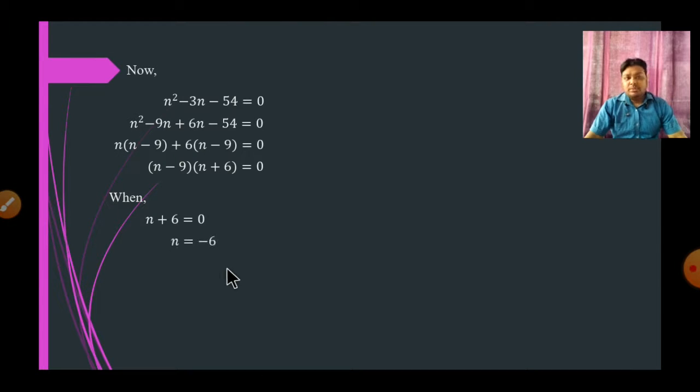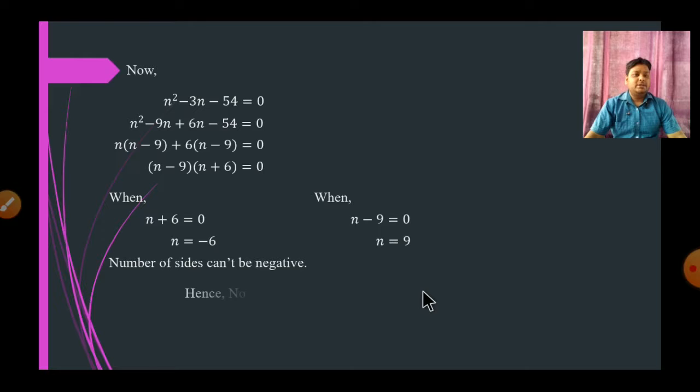But is it possible that the number of sides is negative? No. The number of sides can't be negative. Okay, students? Now, the other factor, n minus 9. If we take n minus 9 equal to 0, then we will get n equal to 9. Now, it is positive. So we can say that the number of sides of this polygon is 9. I hope that you all have understood, students.